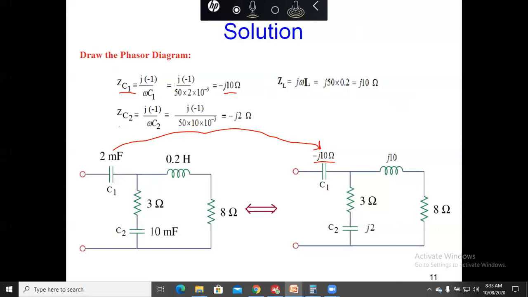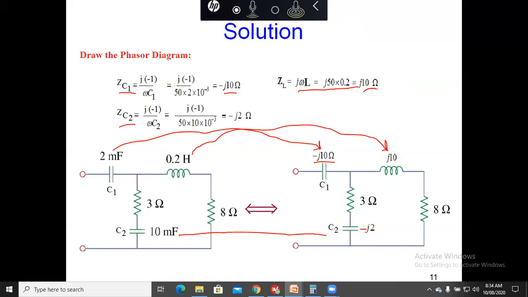And ZC2 we have converted into minus J2 ohm. And similarly, the 0.2 Henry is converted into J10, right? By using this formula, J omega L, where omega is 50 and the Henry is 0.2, and that is J10 ohm.